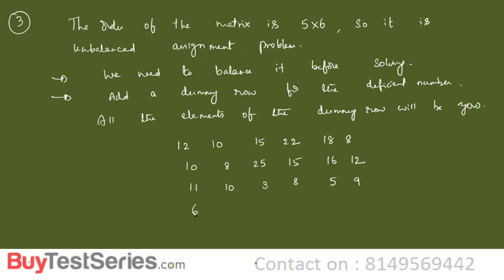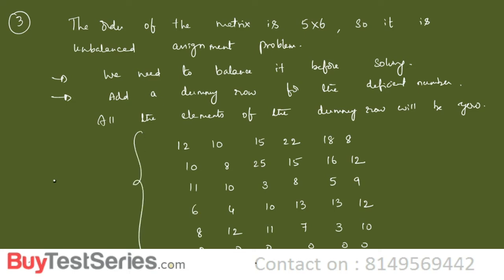Then you have 6, 4, 10, 13, 13, 12. Then I have 8, 12, 11, 7, 3, 10. Then you have 0, 0, 0, 0, 0, 0. So this is your matrix.